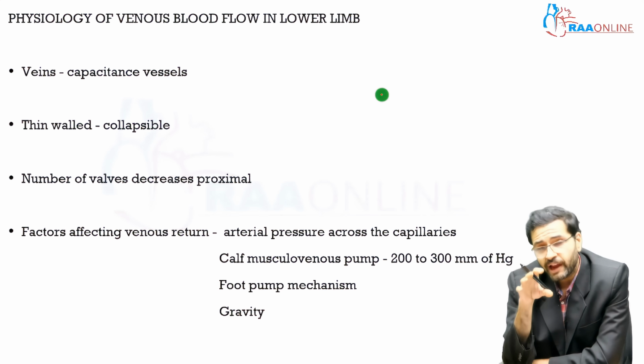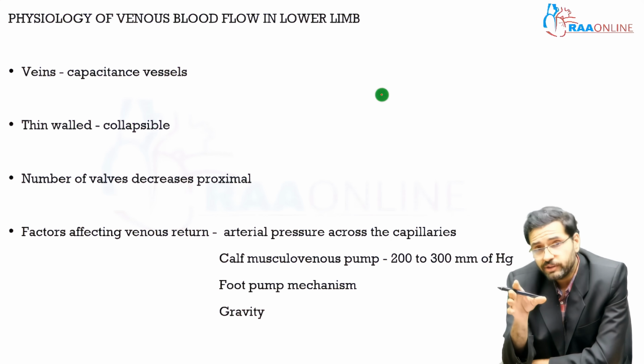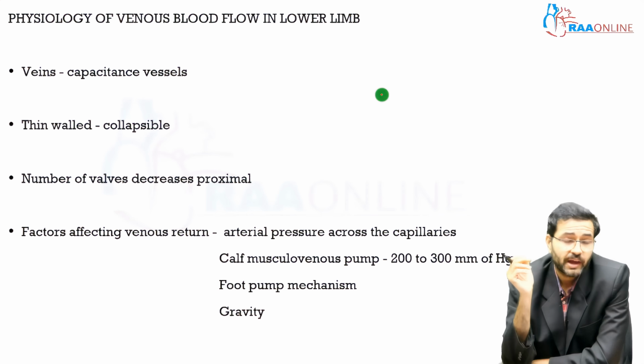At any given point of time, a normal pressure within the superficial veins at the level of the ankle is around 20 millimeters of mercury. So this pressure of 200 to 300 millimeters of mercury during active muscle contraction plays a very important role in propelling blood proximally into the major veins.